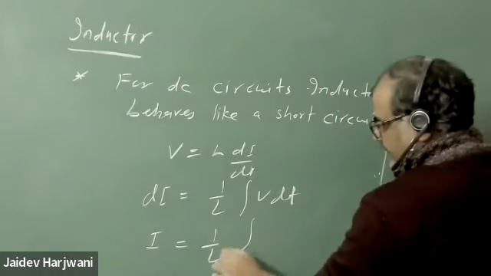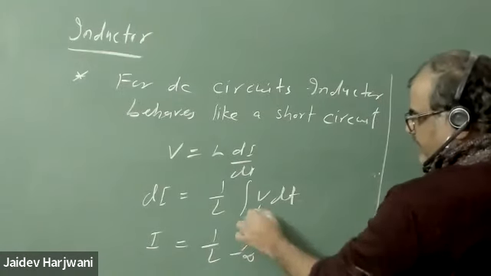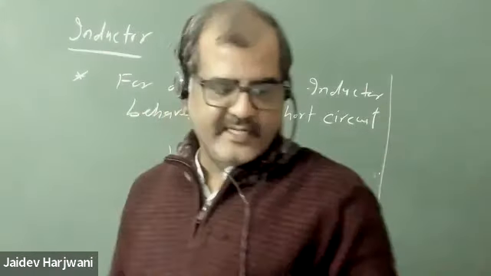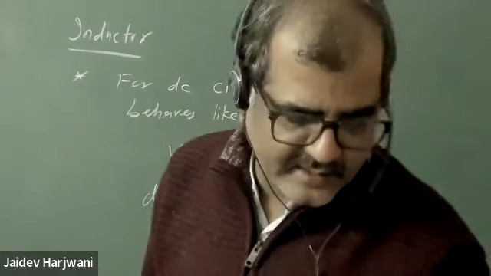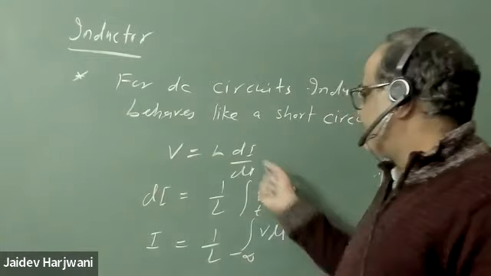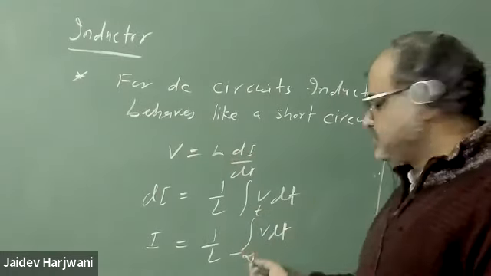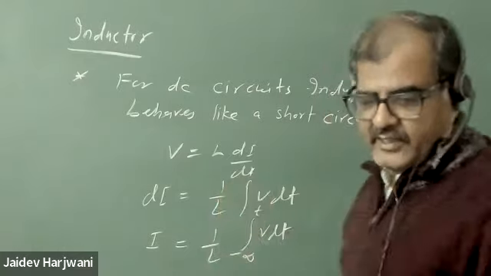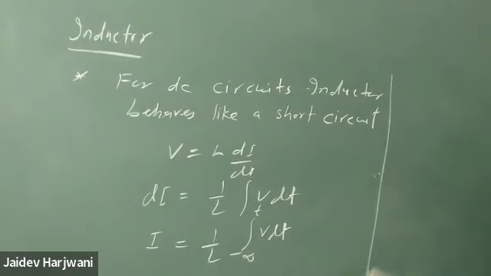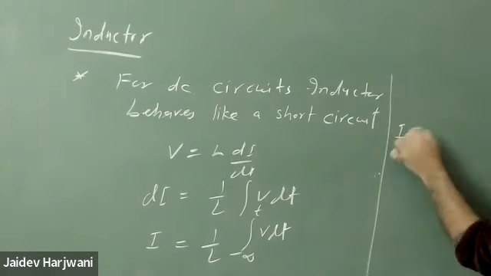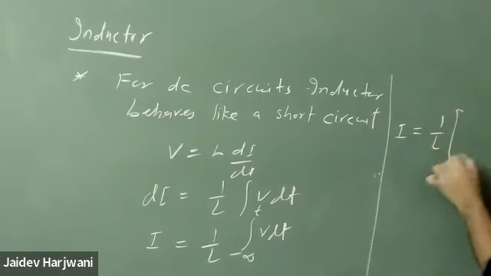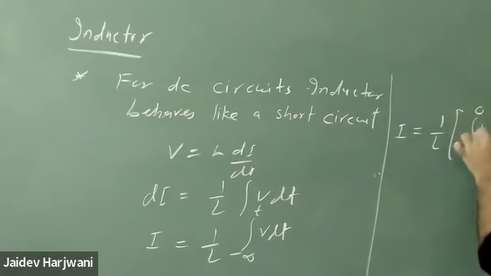So I can put the limit minus infinity to time t for V dt, because if there is already current flowing in the circuit at t equal to 0, that current should add when I further increase the current. We also have to consider how much current was flowing before we started flowing current in the inductor. So this will give me 1 by L, minus infinity to 0 V dt.